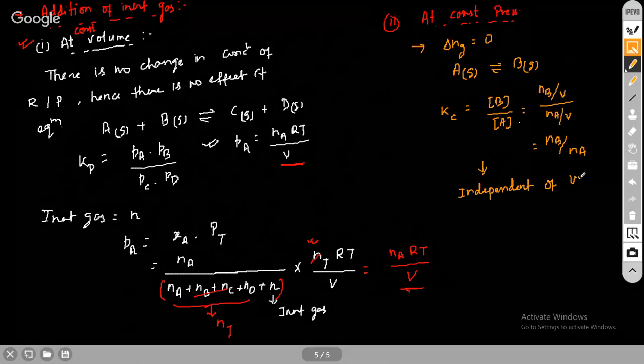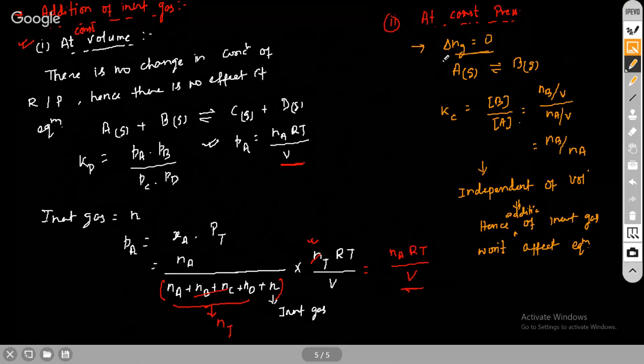Independent of volume. Hence, addition of inert gas won't affect equilibrium if del Ng is equal to 0.